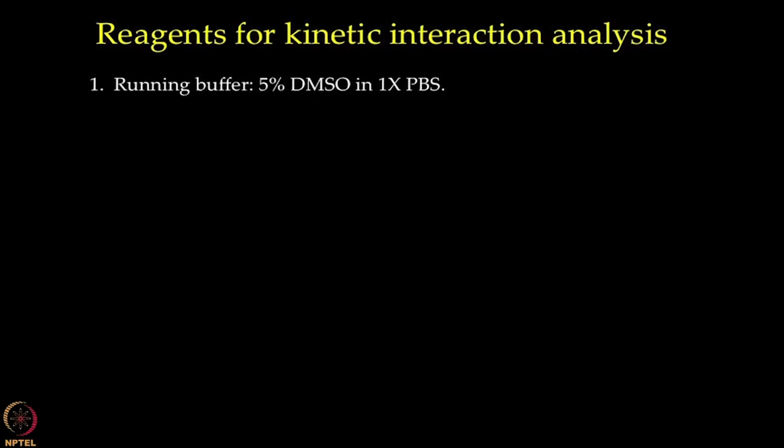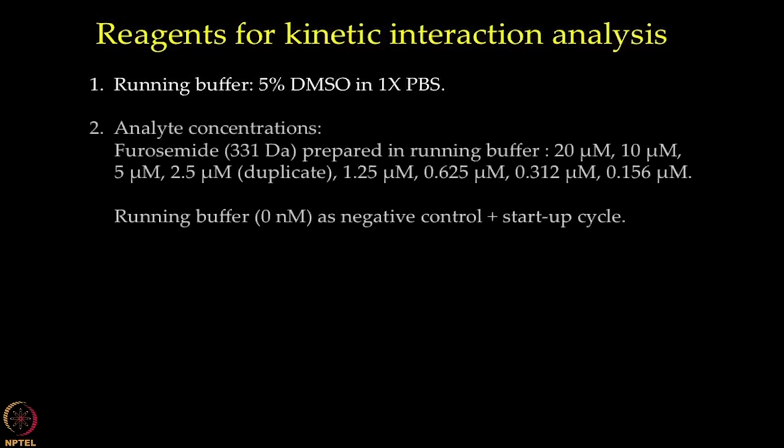We prepare a running buffer of 5% DMSO in 1x PBS. We will be preparing a total of 8 concentrations of furosemide starting from 20 micromolar, 10 micromolar, 5 micromolar, 2.5 micromolar, 1.25 micromolar, 0.625 micromolar, 0.312 micromolar and 0.156 micromolar using a 2-fold serial dilution in the running buffer, with 2.5 micromolar concentration in duplicate.